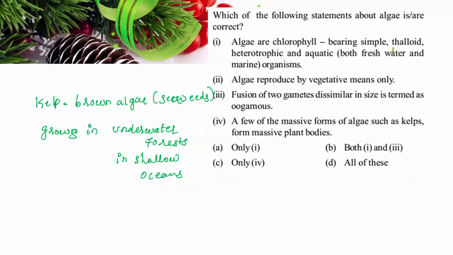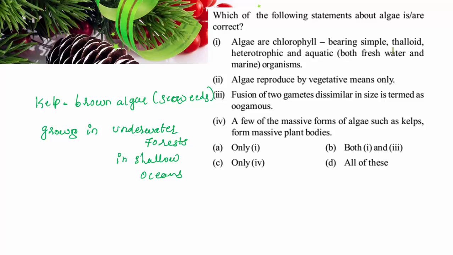The next, which of the following statements about algae is or are correct? Algae are chlorophyll bearing simple thalloid, heterotrophic and aquatic, both freshwater and marine organisms. Algae reproduce by vegetative means.